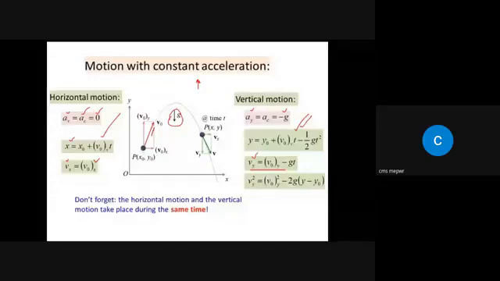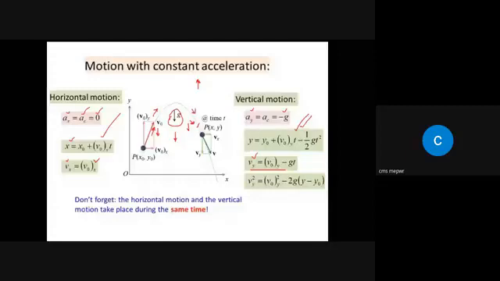But in both cases, you will get the value of g as the acceleration downward, right? So in this case we will get a negative sign, and in this case we will get a positive sign.